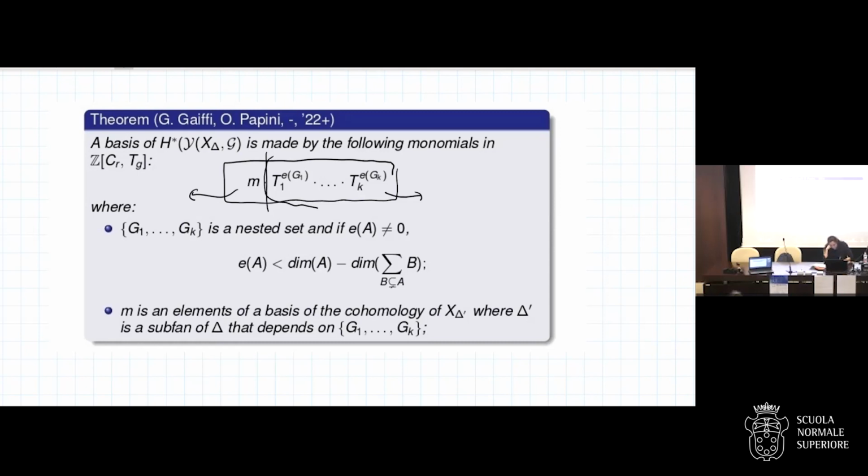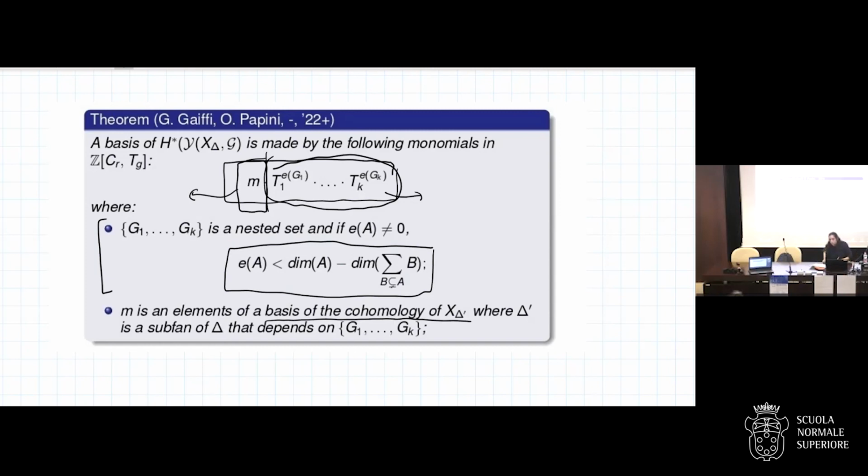Now, the second part we already know corresponds to the nested set associated with some exponents, and can be defined exactly as in the previous case. While the first part is actually some monomial forming a cohomology basis of X_Delta prime.